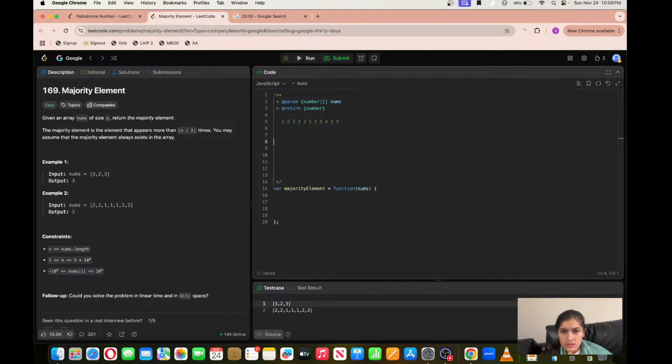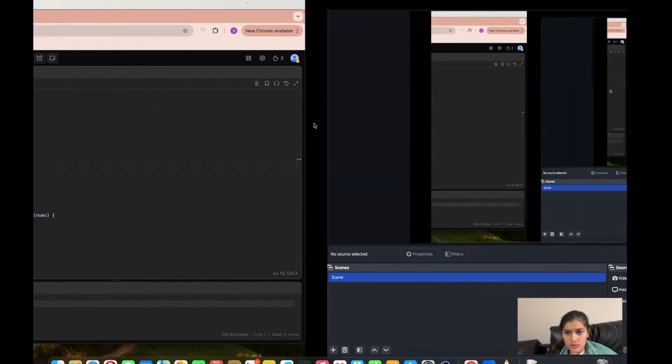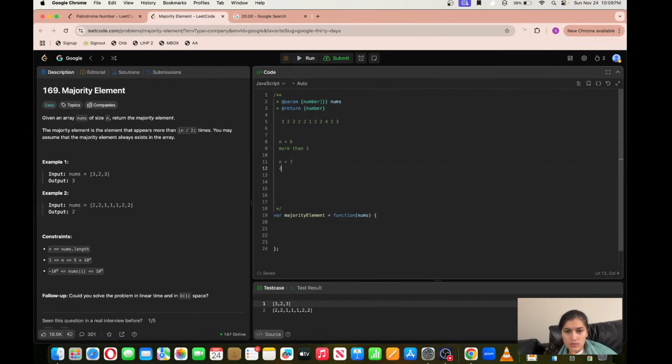So it means if n is equal to, suppose, 6, then it will occur more than 3 times, right? If n is equal to 7, then 7 by 2 is 3.5. So it will occur more than 3.5 times, which is greater than or equal to 4 times.